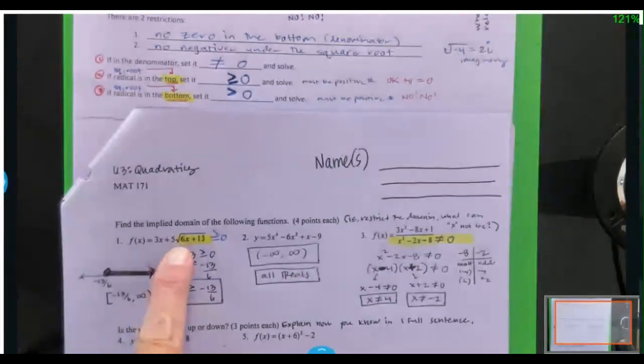All right, I'm going to try to put this one in Desmos.com really quick. It's 3x plus 5 times the square root of 6x plus 13.